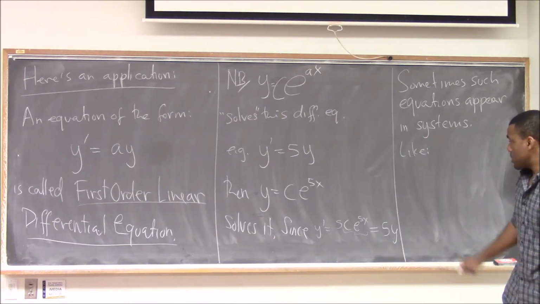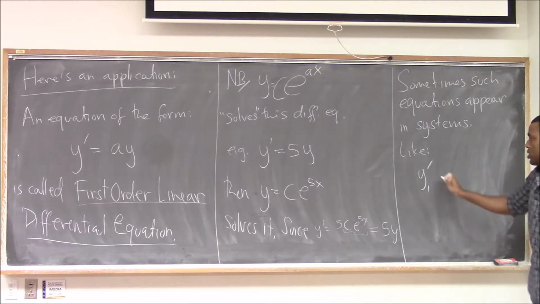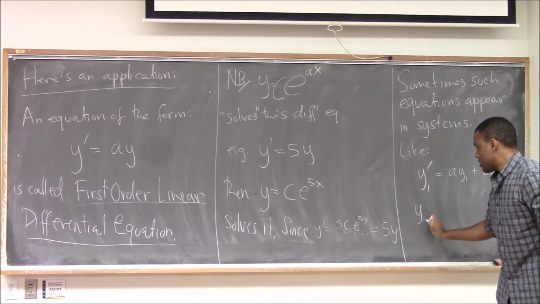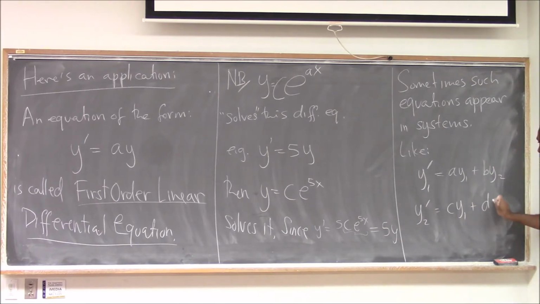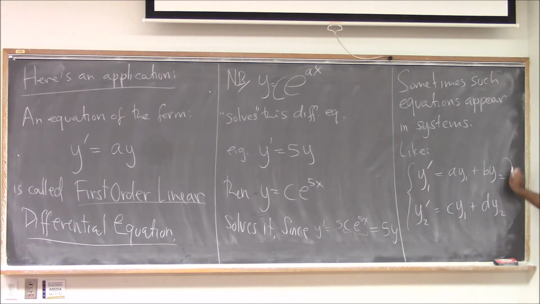You might end up with something like the rate of change of one population, you can express it as a constant times itself plus a constant times some other population, and the rate of change of the second population is some constant times that plus another constant times that. Right? This is called a system of first-order linear differential equations.